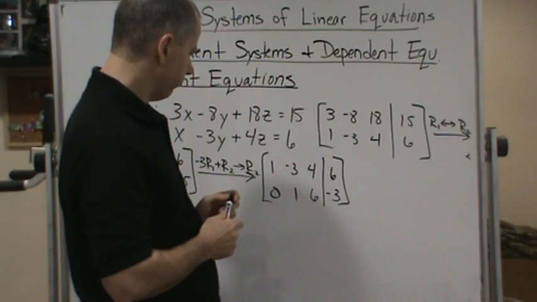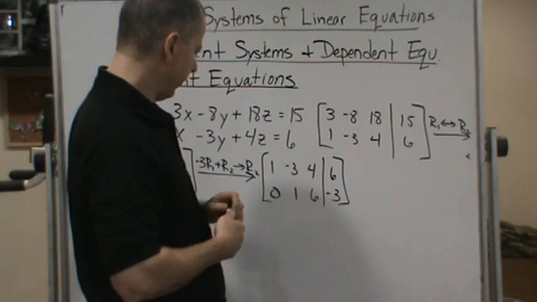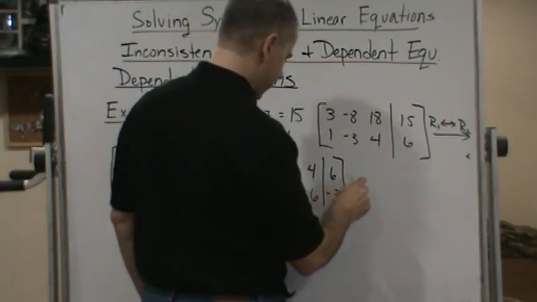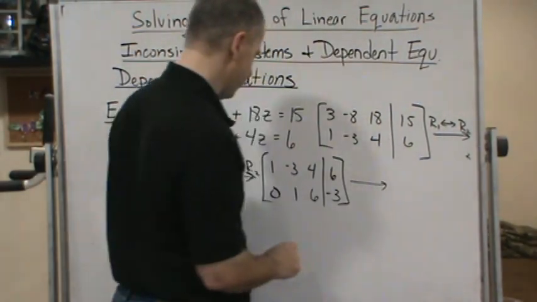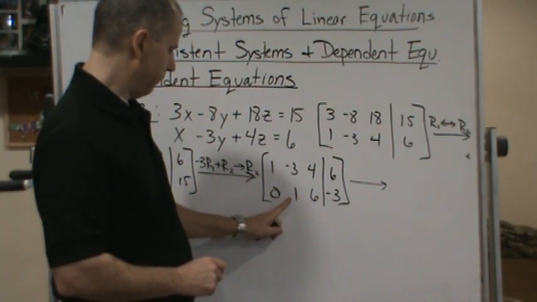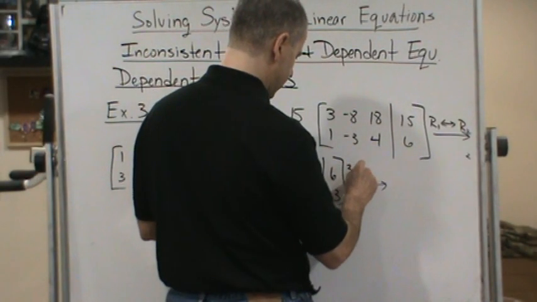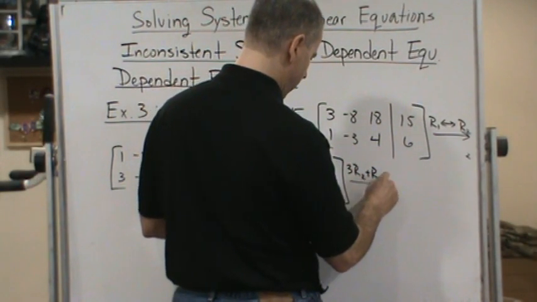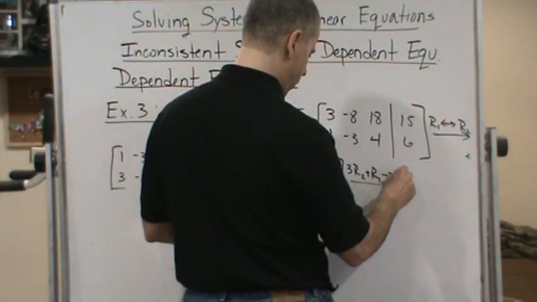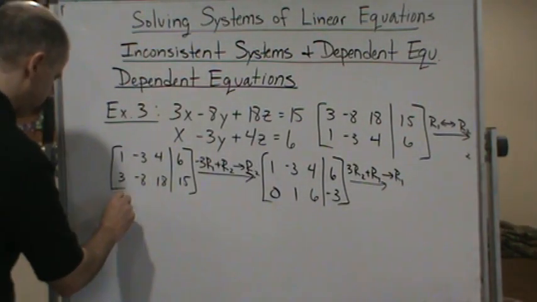Okay? Okay, now, if we wanted to, let's go ahead and eliminate this one. Instead of doing it, so we don't have to do the substitute. Let's eliminate this one. So we're going to do 3 times row 2 plus row 1, right? And then replace row 1. Okay, so now what is that going to give us? Let's do that.